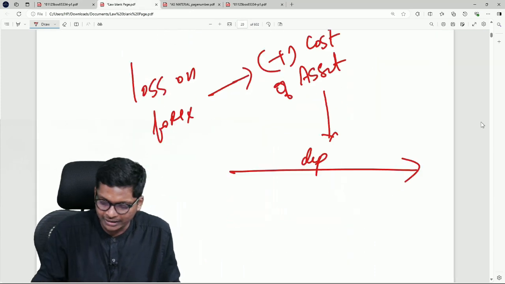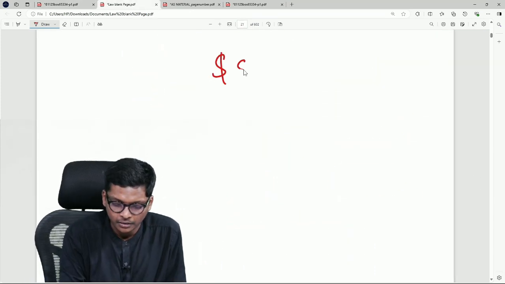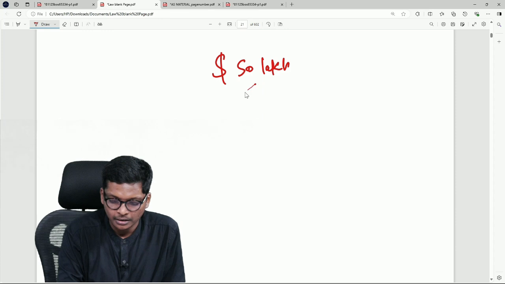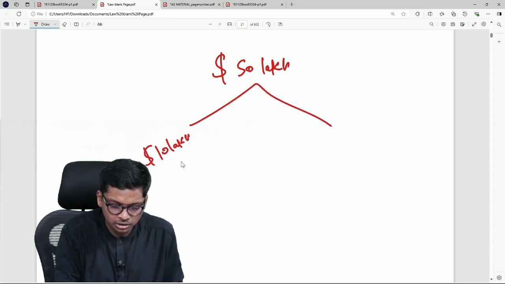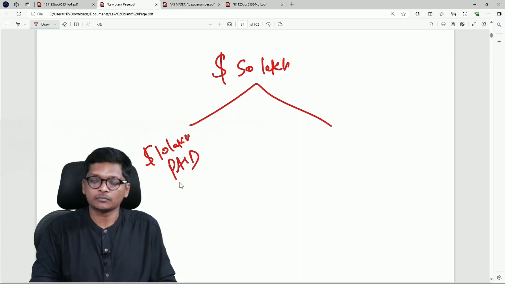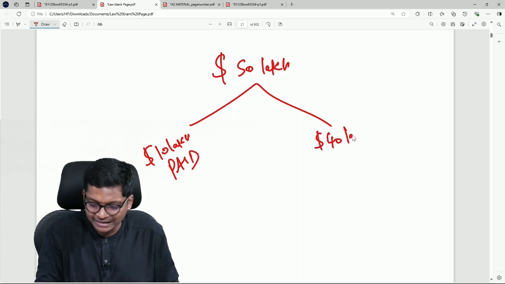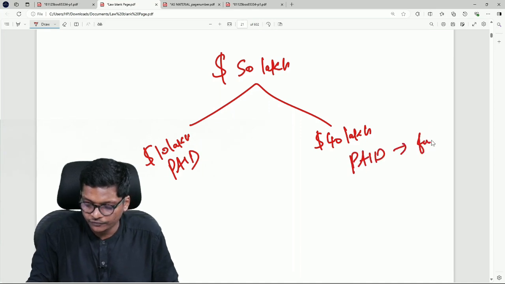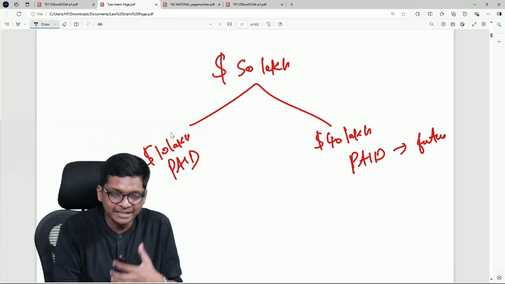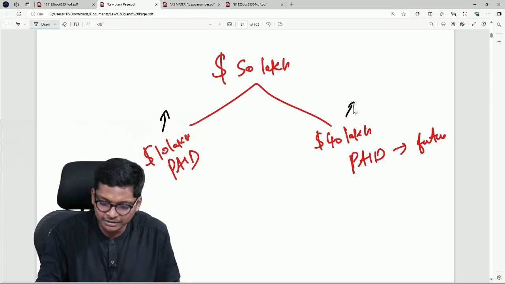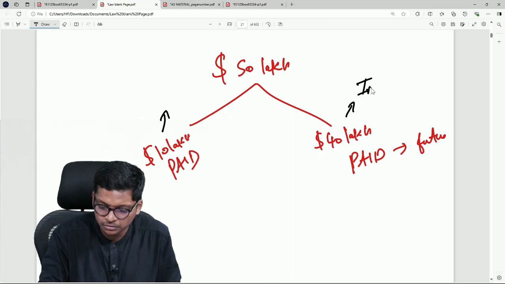Sir, I am not able to understand. Very simple, guys. $50 lakh are there. In this, I will split into two. $10 lakh already paid. $40 lakh will be paid in the future. For me, both is loss because this is already debited to P&L. This is going to be my increase in liability.